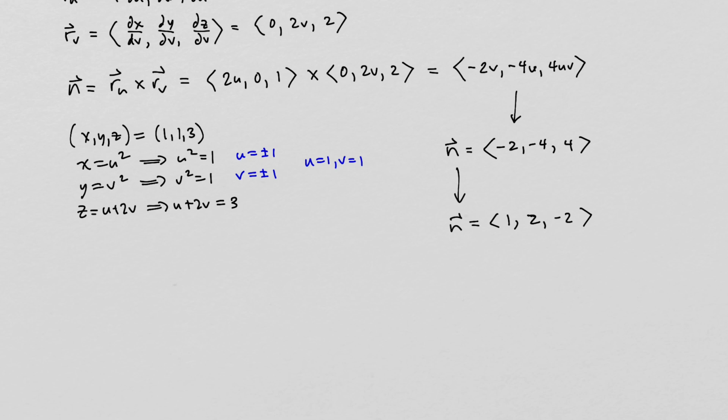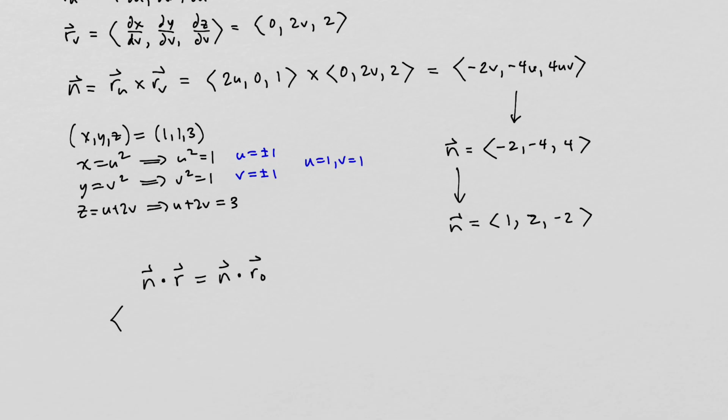Now we know that if we take that normal vector and we take the dot product with any point r on the plane, that is going to equal the normal vector dotted with the particular point on the plane.